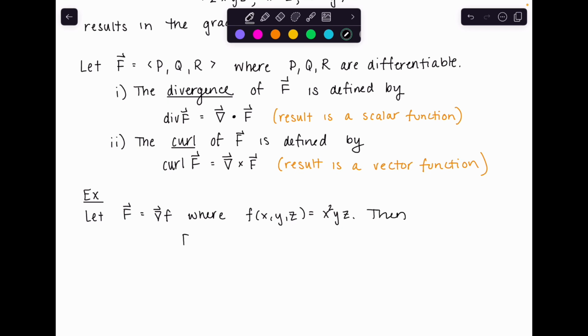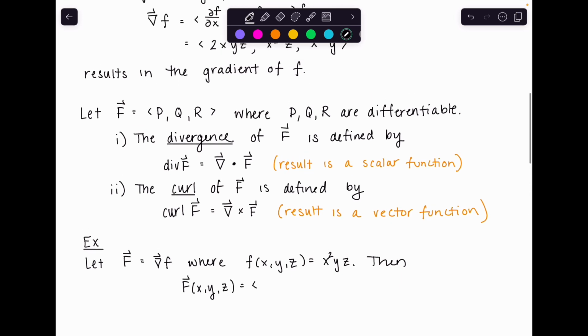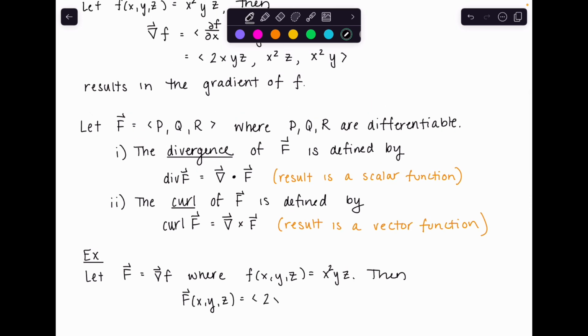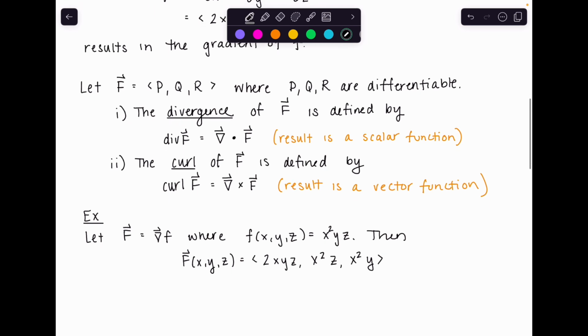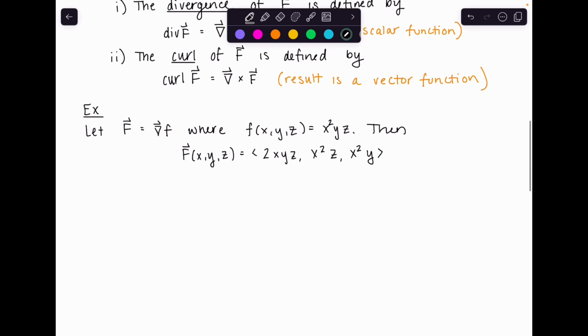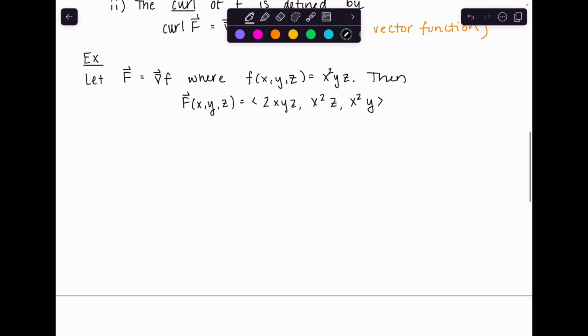Then we've already calculated F to be exactly what we have up here, 2xyz, x squared z, and x squared y. Okay. So for this vector field, I'm going to go ahead and find both of these components. We're going to start by finding the divergence of F.